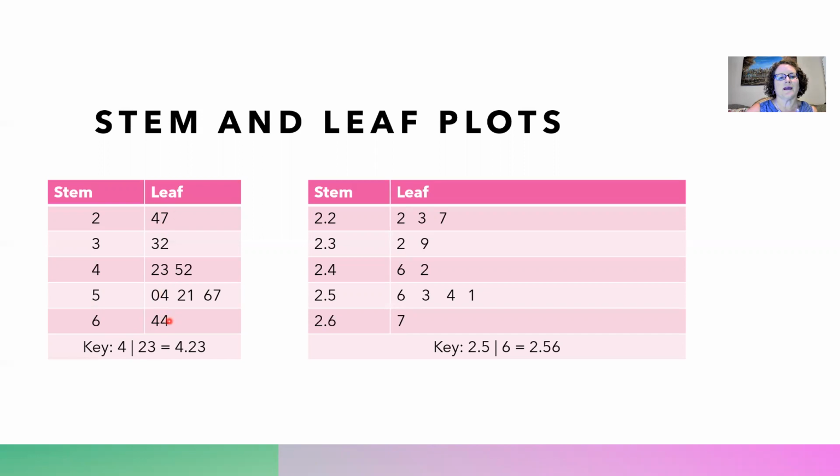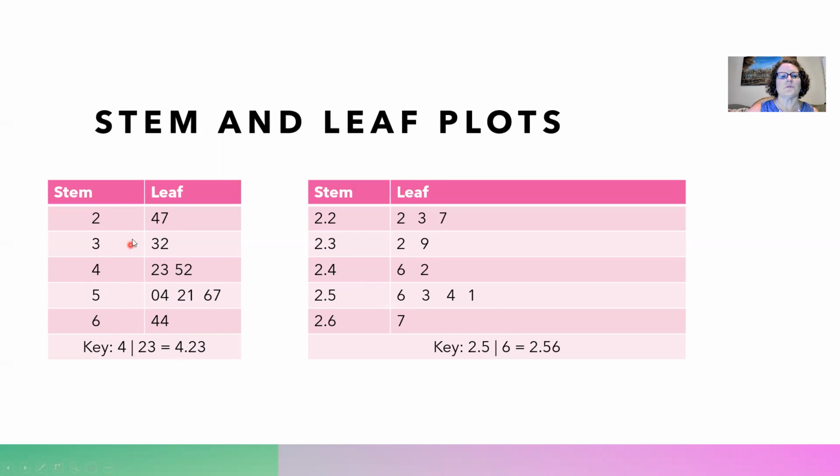When you look at this data, your smallest piece of data is 2.47. Your largest piece of data is 6.44. And most of your data occurs between 5 and 6 inches, meters, feet, whatever it is. But that's not always the case. Do you see this decimal point is here? So this is traditional, that there's only one leaf.